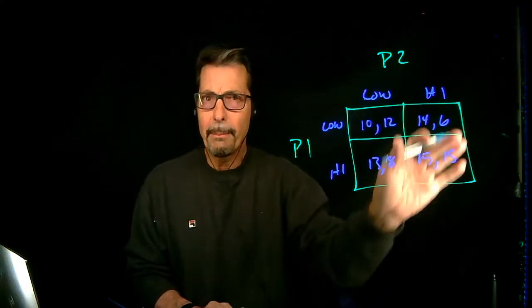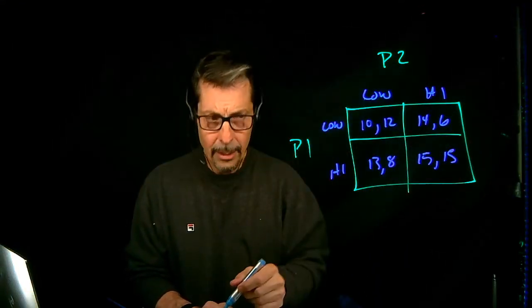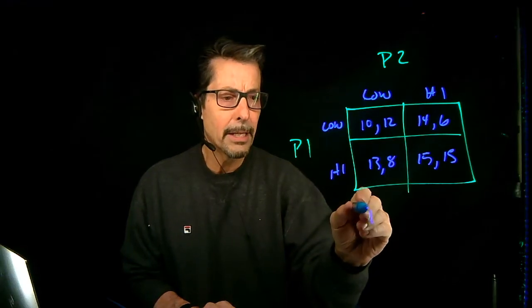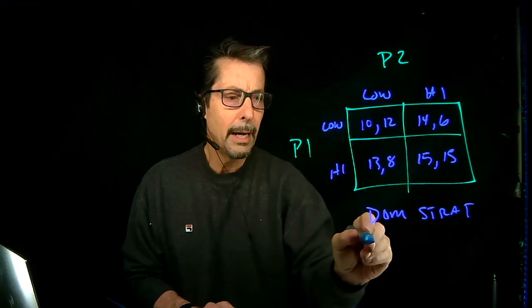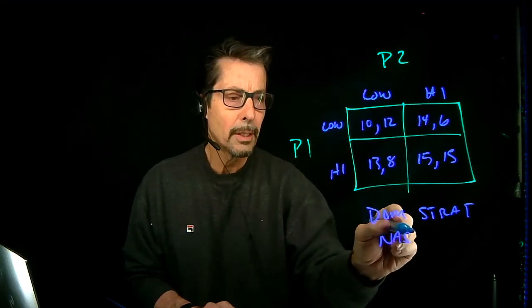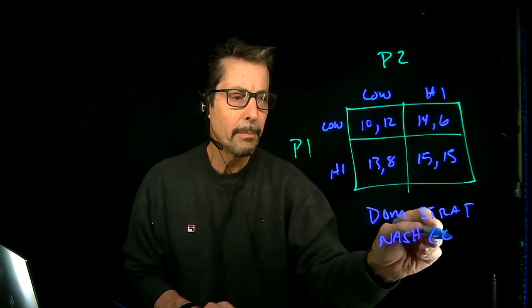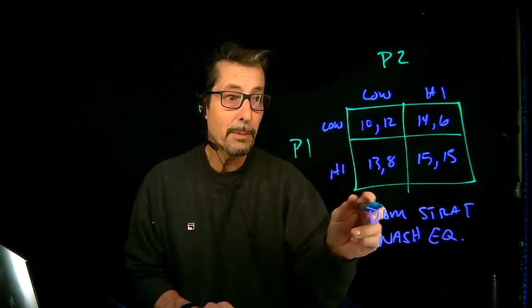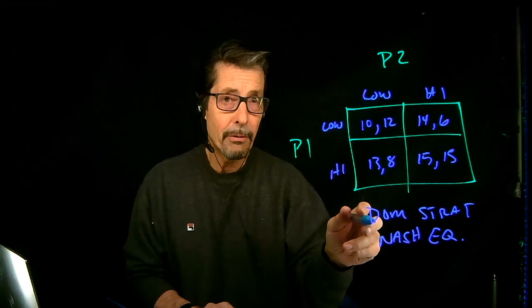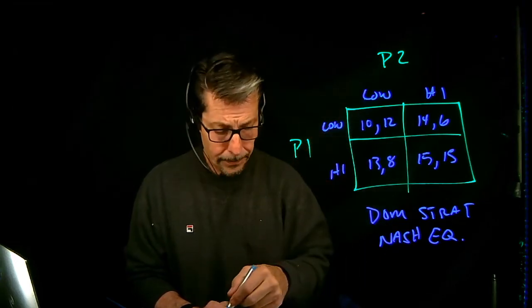So I'm going to have a matrix like this, and you have to be able to find a dominant strategy and Nash equilibrium. That's basically what you have to find for each player.